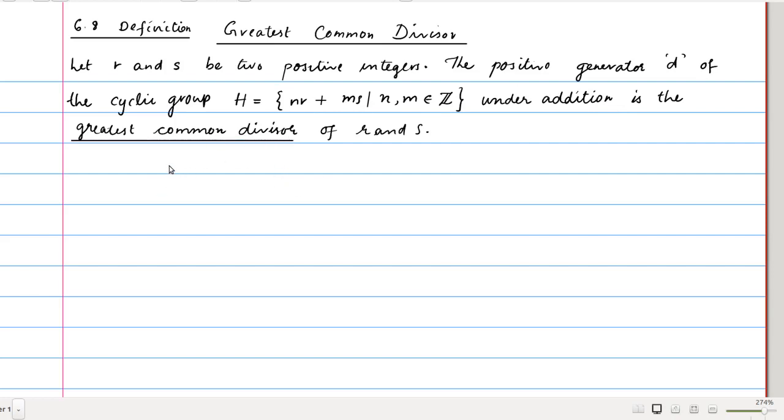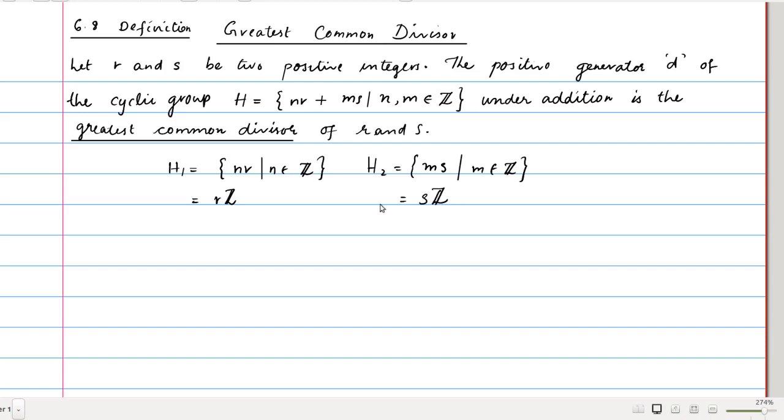We have already seen that if we have H1, the set of all nR such that n belongs to Z, that is RZ, and H2 is the subgroup of multiples of S, that is mS with m belongs to Z, that is SZ.